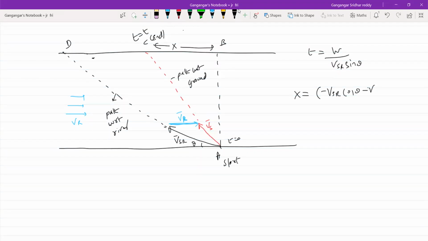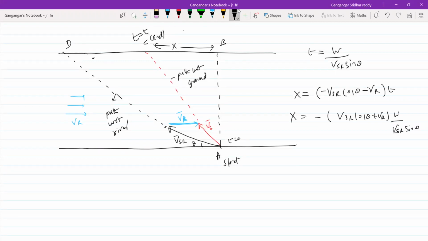You must think on this. Negative sign, what do you mean by negative sign? Towards left. The drift will be towards left here.